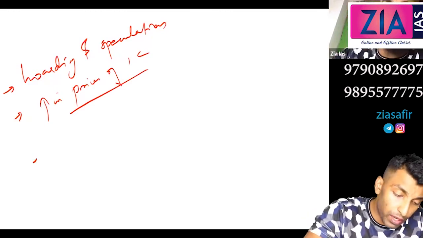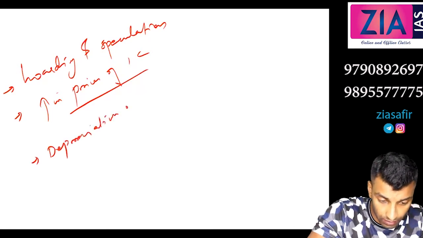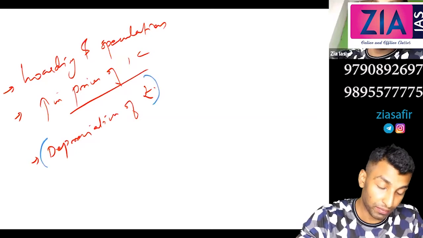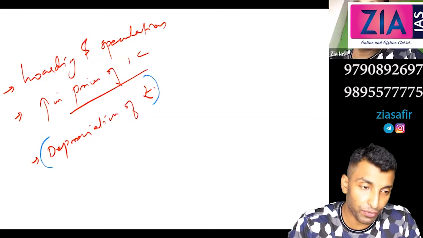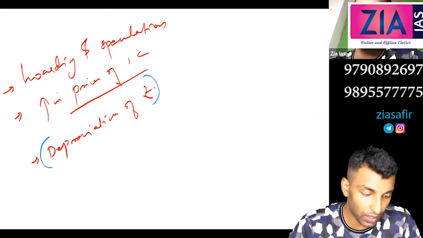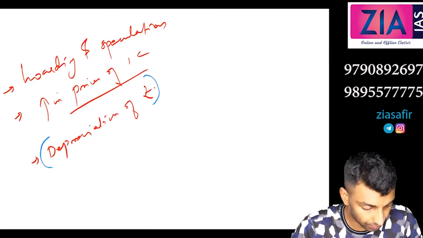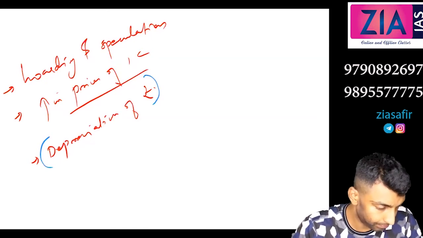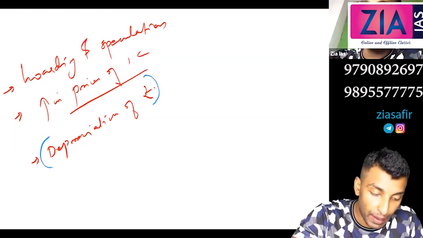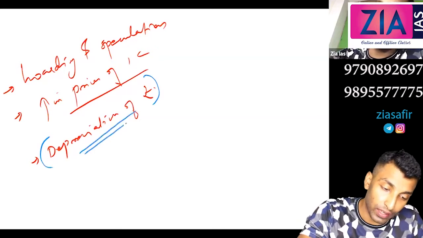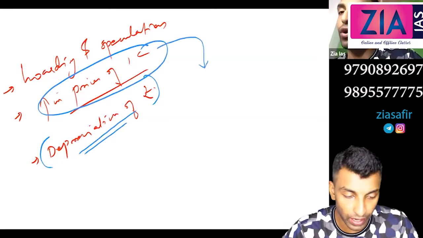Now what about depreciation of rupee? We have discussed depreciation of rupee in the case of demand pull inflation also. Here also I am discussing how it leads to cost push inflation. We have to pay more to import. When depreciation of rupee is happening, it is connected to imported commodities, like crude oil and everything.